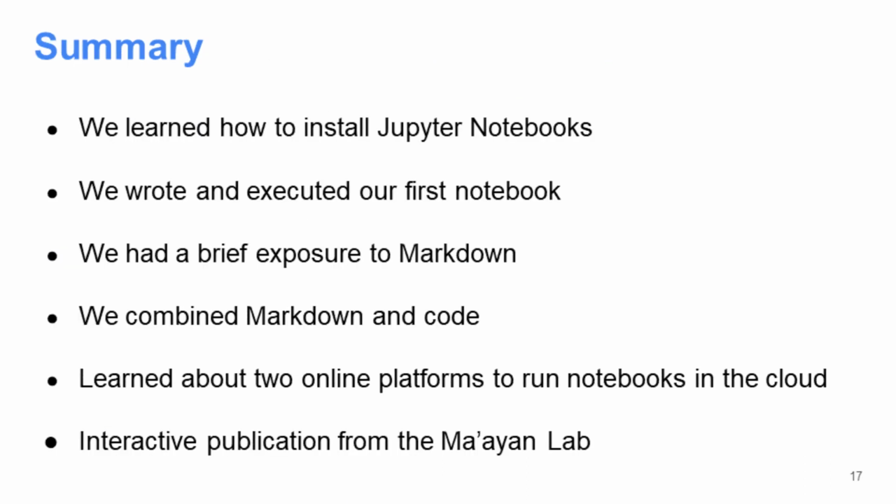So just to summarize, we just learned how to install Jupyter notebooks. We wrote some code and it created our first Jupyter notebook. We saw a little bit about Markdown, combining Markdown with code, as well as learned about the two online platforms, Google Colab and MyBinder, and some publications from our lab that use Jupyter notebooks to produce data analysis workflows for bioinformatics.